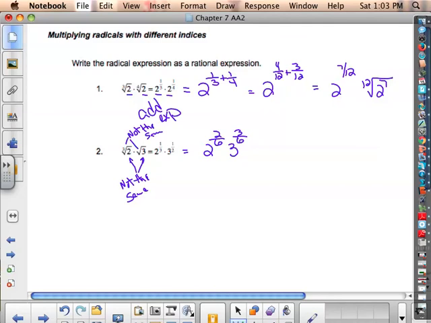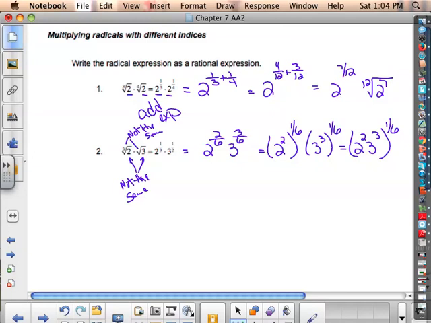Rewrite that as a power to a power, so this becomes 2 squared to the 1/6 times 3 to the 3rd to the 1/6. Now we have a rule that says that the product can be rewritten as 2 squared times 3 to the 3rd, all raised to the 1/6.